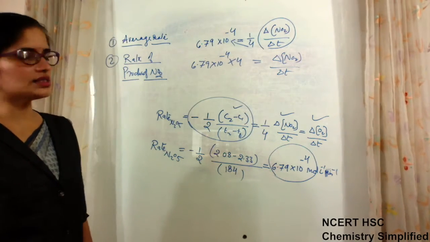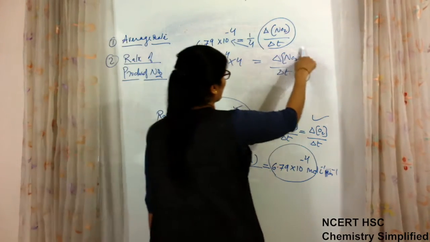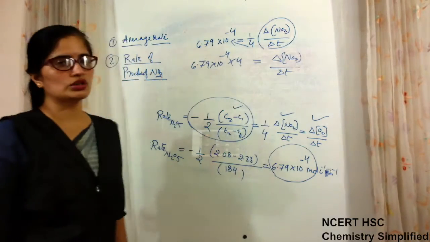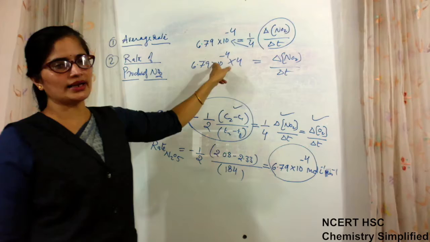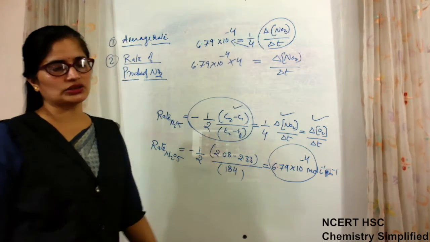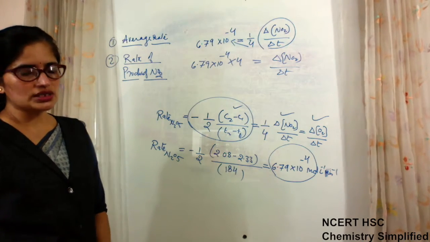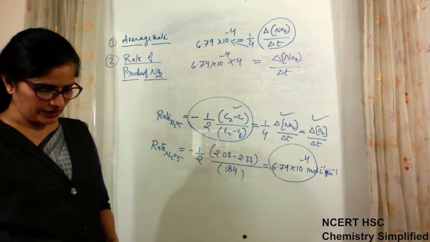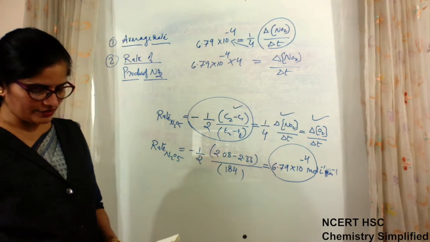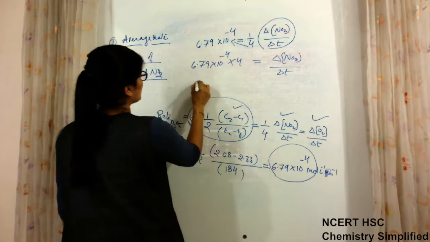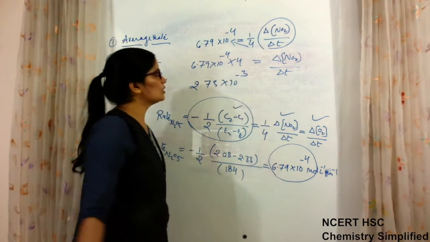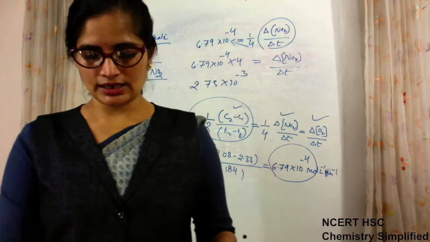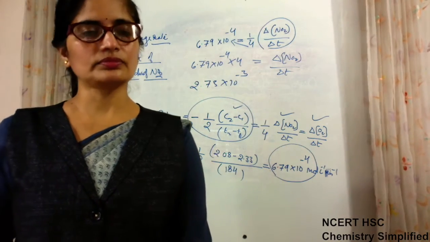With the help of this, we can calculate the rate of appearance of NO2 also. This 4, which is the coefficient of it, will be multiplied on the other side of the reaction. Clear? So this way such questions are there. Value comes 2.73 into 10 to the power minus 3 moles liter inverse minute inverse.